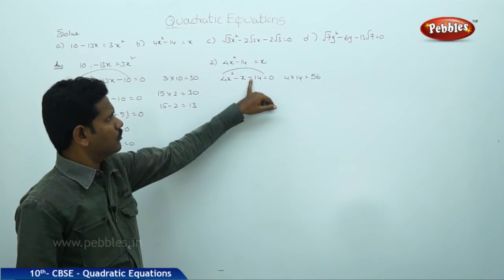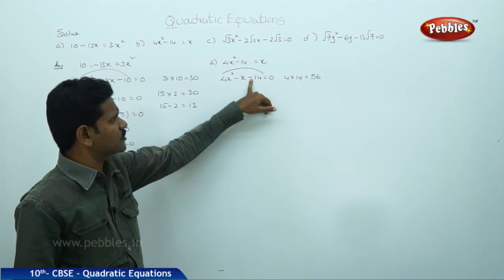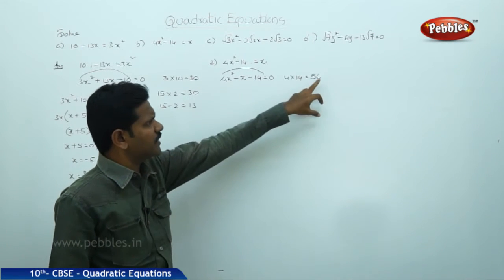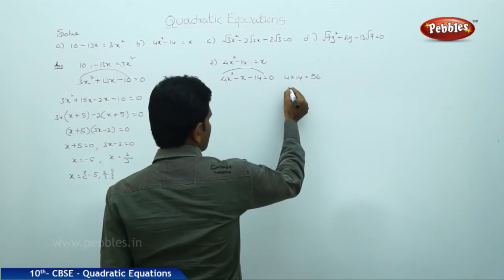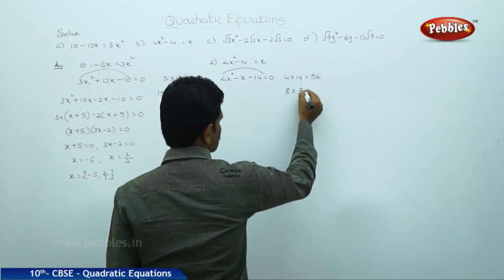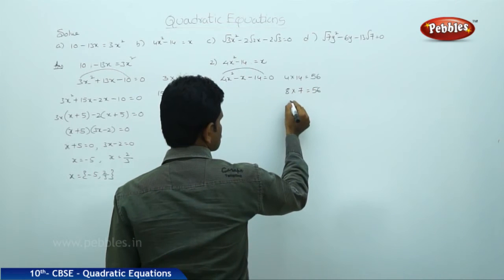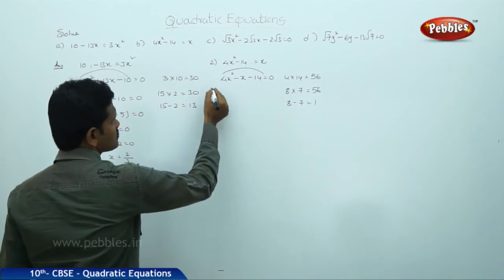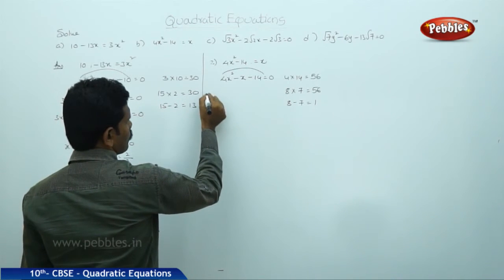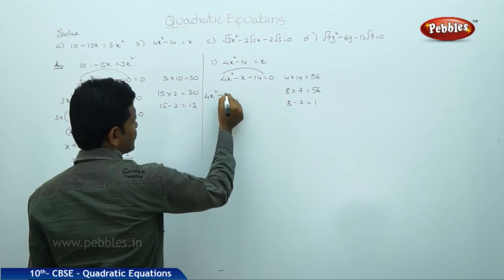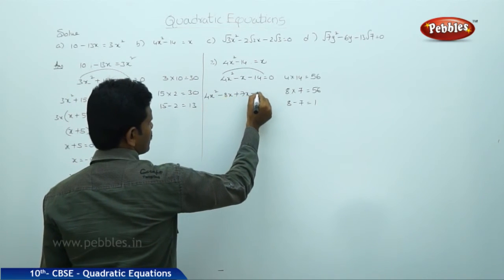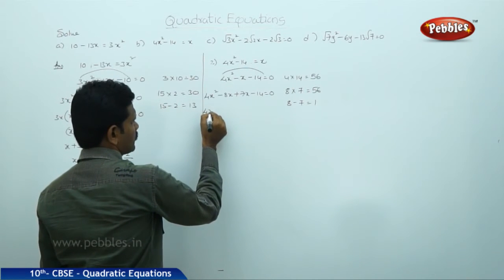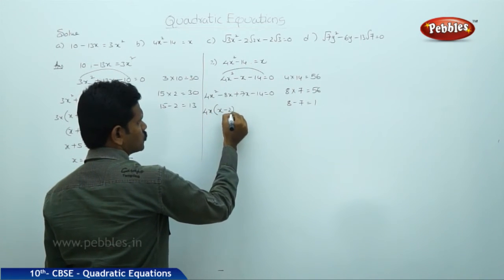Now we have to find the factors of 56 such that after subtraction we get the number 1. 8 sevens are 56, and 8 minus 7 is 1. That is, 4x square minus 8x plus 7x minus 14 is equal to 0. Take 4x common: x minus 2.